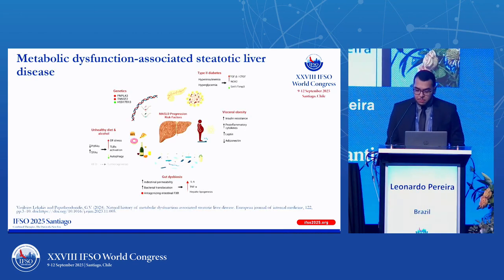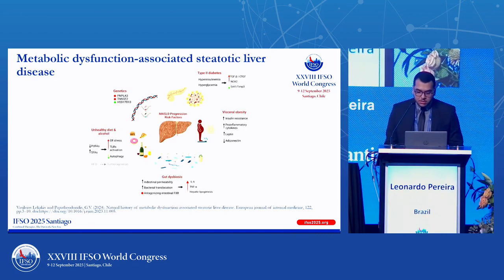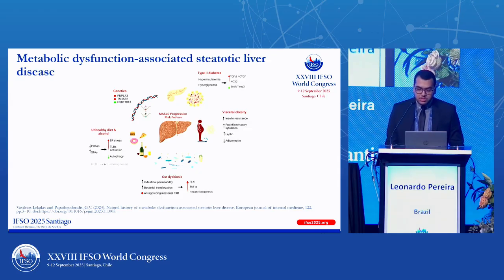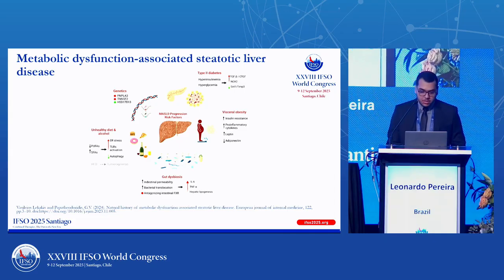First, let me explain what metabolic-associated steatotic liver disease is and why it matters for bariatric surgeries. MASLD, formerly called NAFLD, is now the most common liver disease worldwide. It affects about 1 in 3 adults, and obesity can triple the chance of having it. From the biological point of view, the preoperative bariatric population overlaps with MASLD.